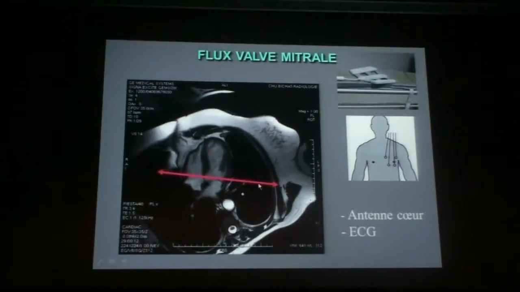So you can position these slices also on the mitral valve to get acceleration in your mitral valve in case of mitral valve disease.